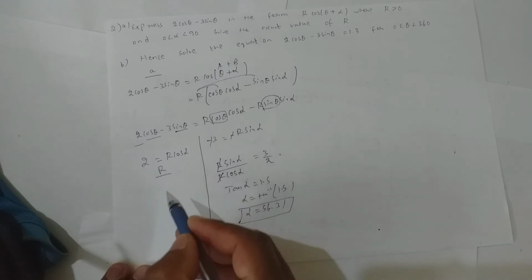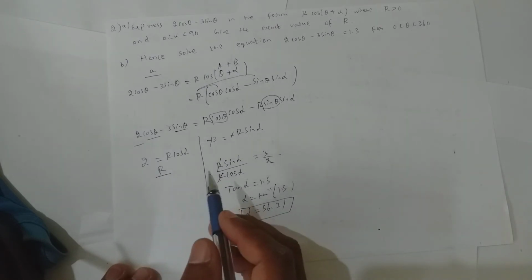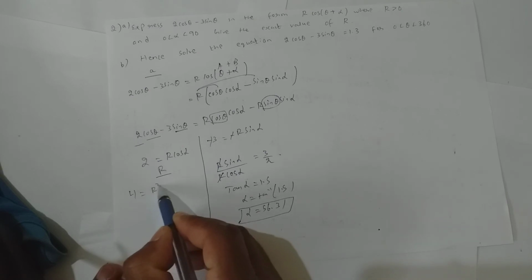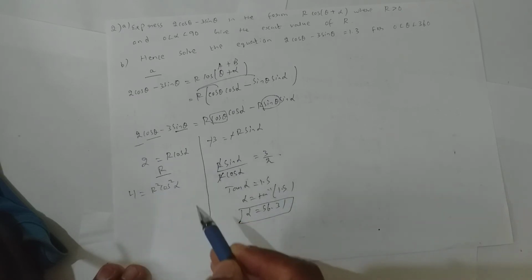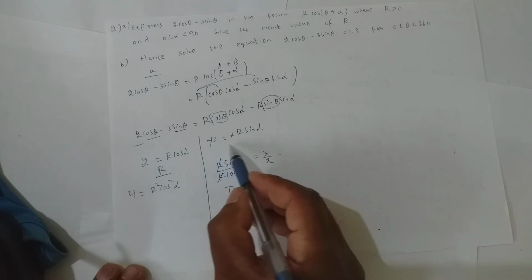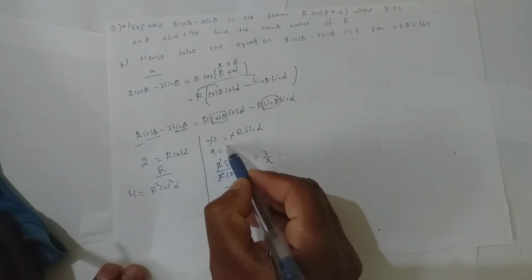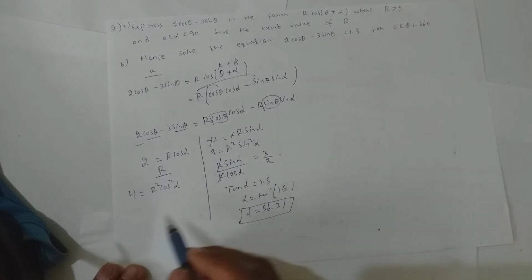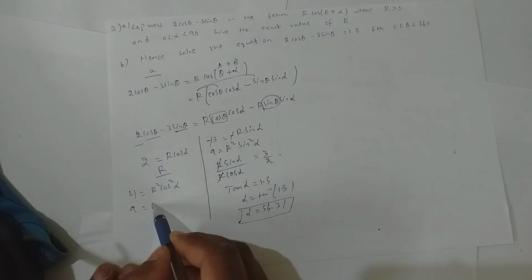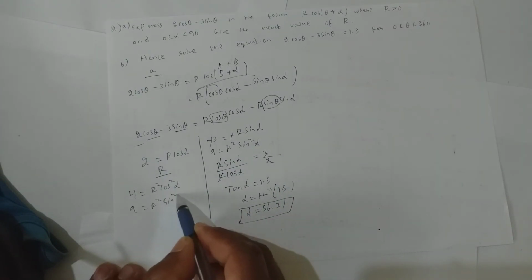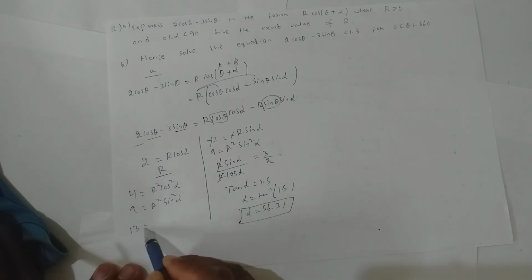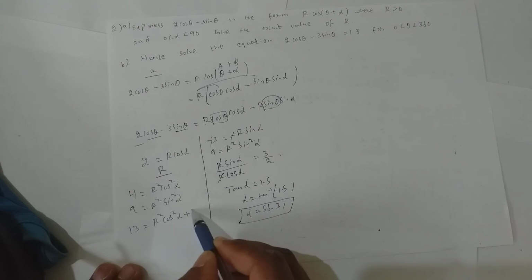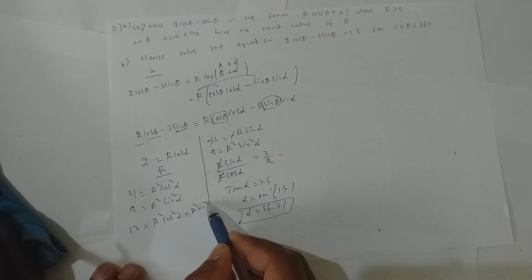Clear? Now how do you get r? As I told you, to get r, square each and add. So square it, how much do you get? 4 equals r square cos square alpha. And if you square this, how much do you get? 9 equals r square sin square alpha. Add these two. So 4 plus 9 is 13 equals r square cos square alpha plus r square sin square alpha.